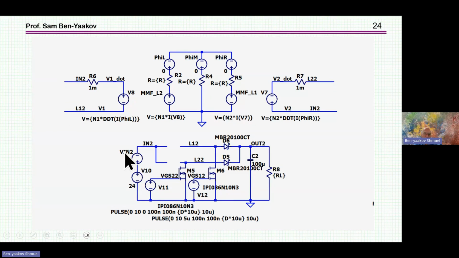These points are connected by this node and by the designation here, and L22 and N2 is here. And we can run this together and get both the electrical information and the magnetic information at the same time, which is very, very important.